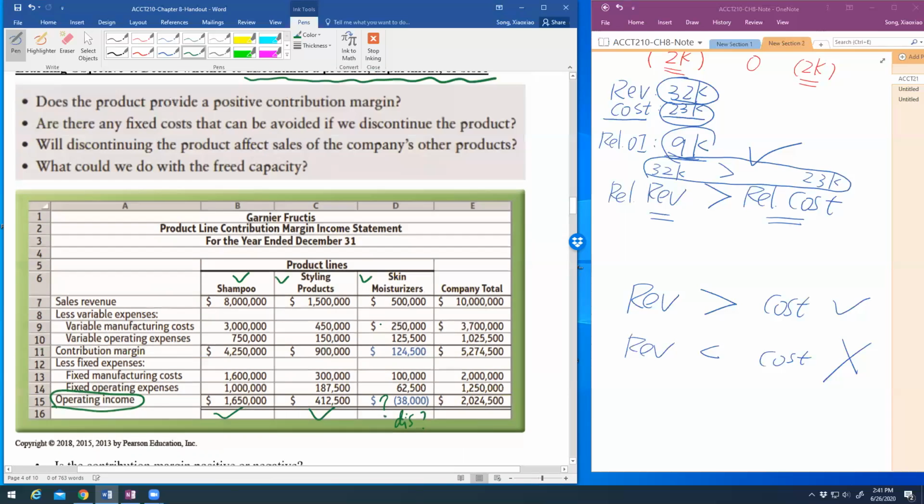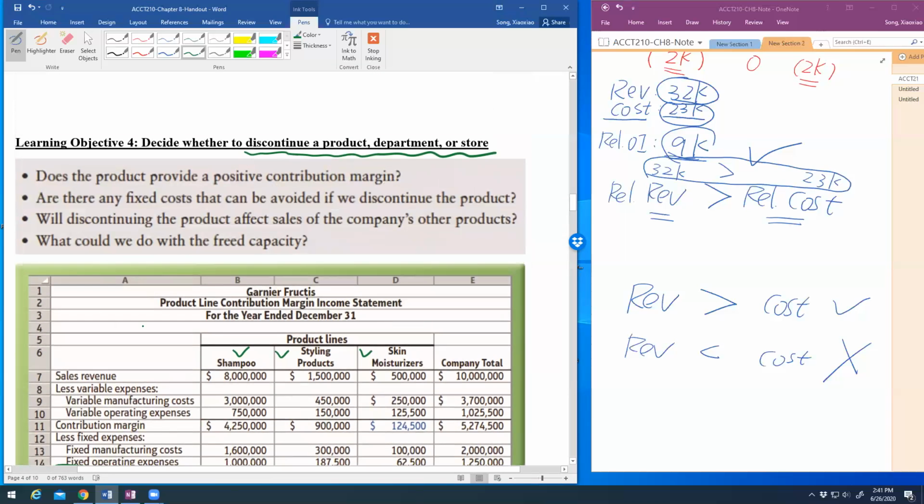Before we make the decision, we want to ask ourselves these 4 questions. Does the product provide a positive contribution margin, yes or no? Remember, we do not look at the overall operating income. That's not the correct way. We should think about contribution margin. Are there any fixed costs that can be avoided if we discontinue the product, yes or no? Will discontinuing the product affect other products?